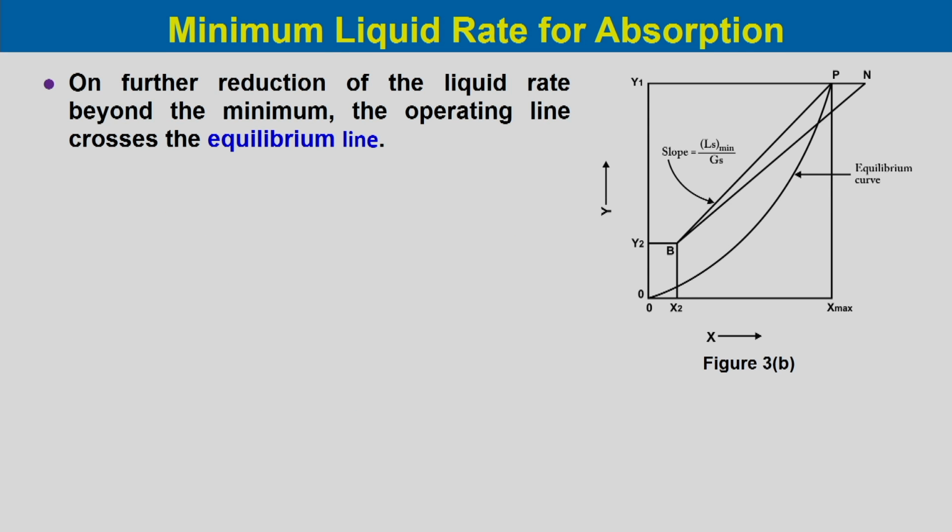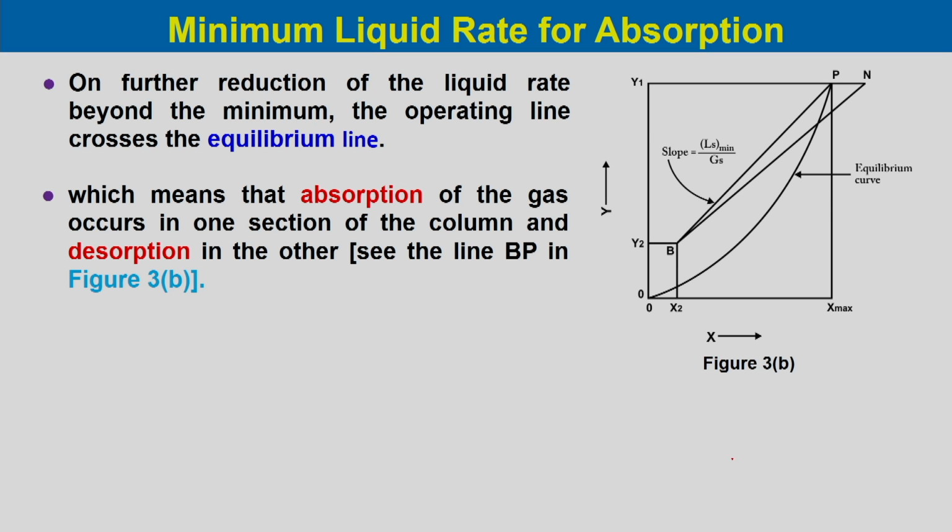Now, if we further reduce the liquid rate beyond the minimum, the operating line will cross the equilibrium line like over here. This means that absorption of gas occurs in one section, because for absorption the operating line lies above the equilibrium line, and for stripping the operating line lies below the equilibrium line.